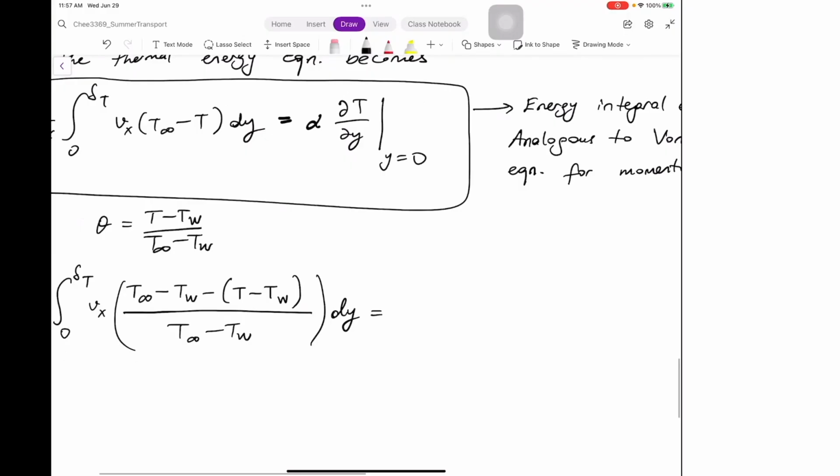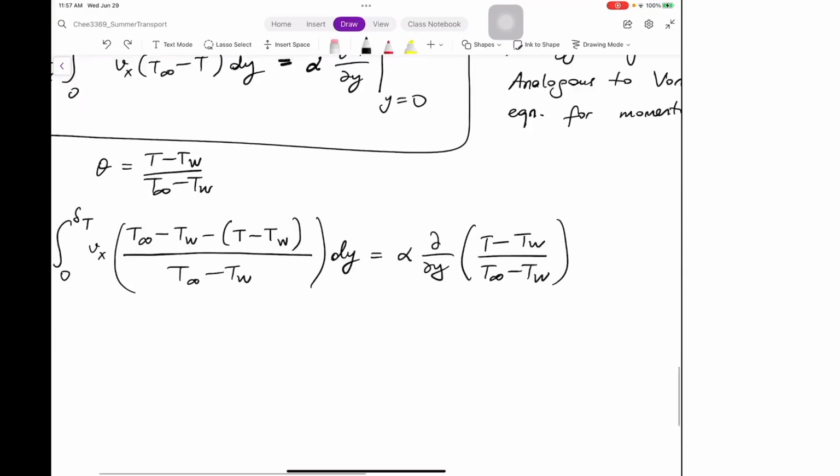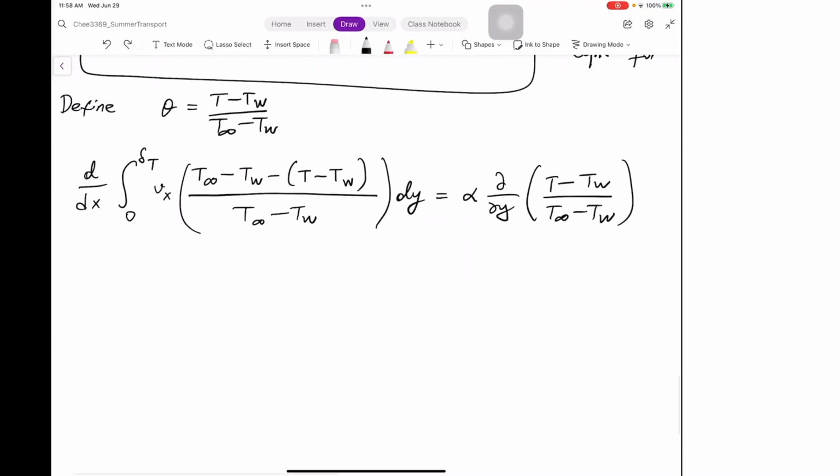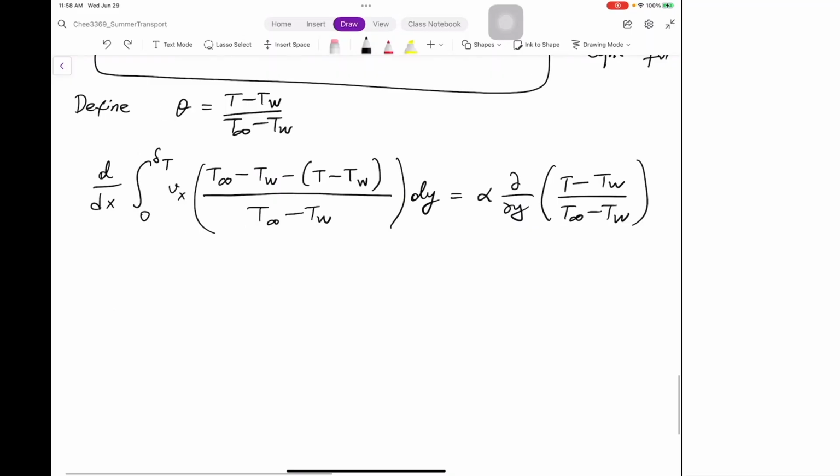Is equal to alpha del over del y of t minus t wall divided by t infinity minus t wall. This was, as I promised, divided by that term, and subtracting a constant number from the argument of the derivative doesn't actually harm, because the derivative of a constant is 0, so you can add that with no cost. Okay.